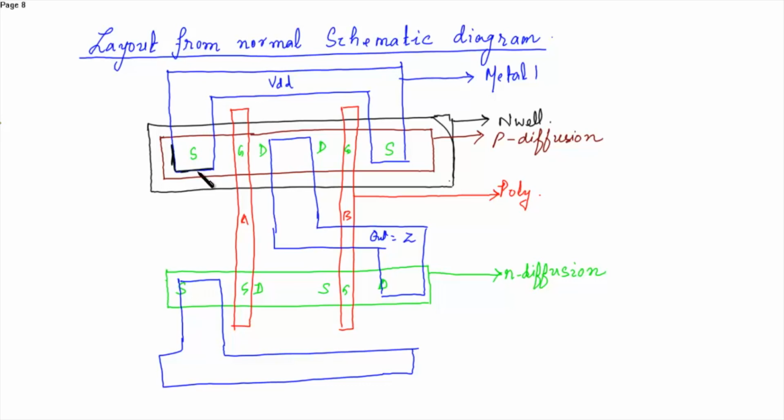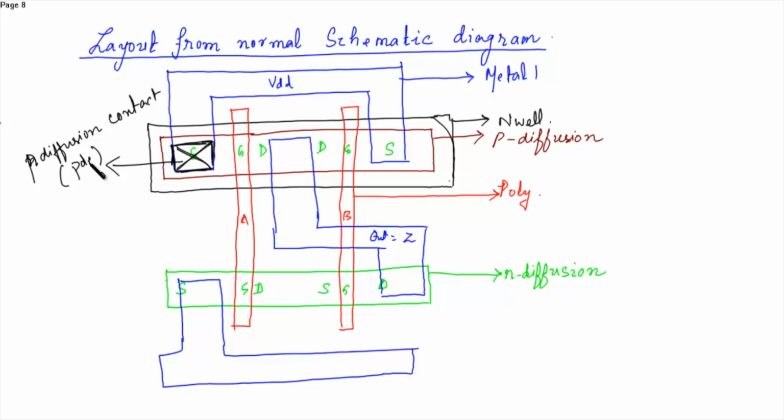There will be one contact over here. This is the N diffusion contact. So this is the P diffusion layer, or P diffusion contact, or you can term it as the PDC.